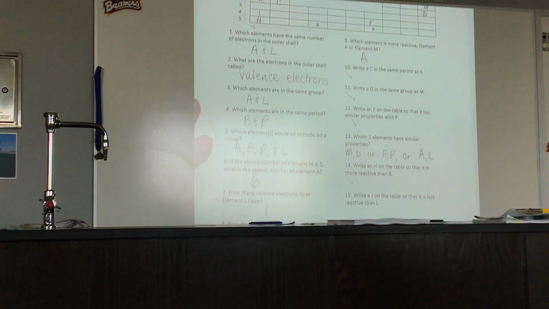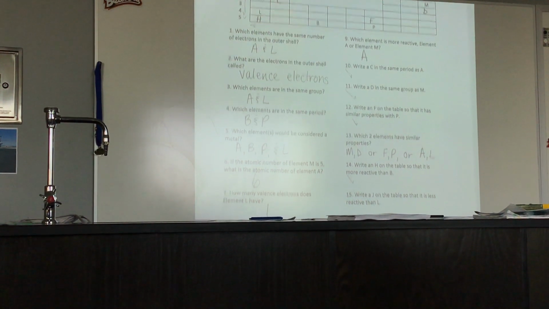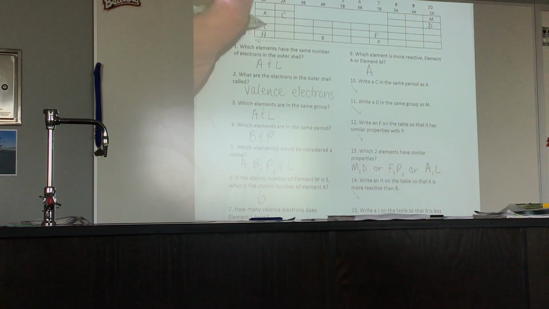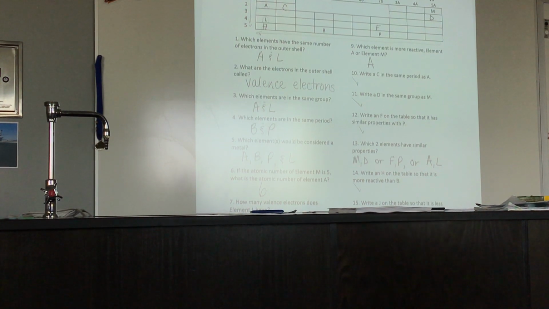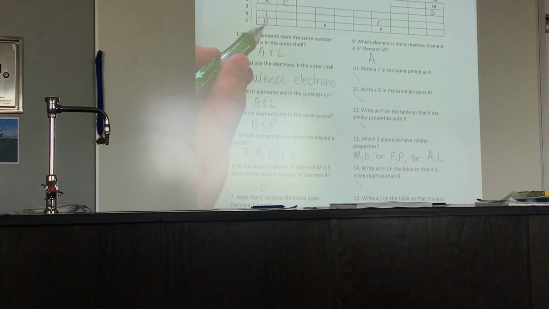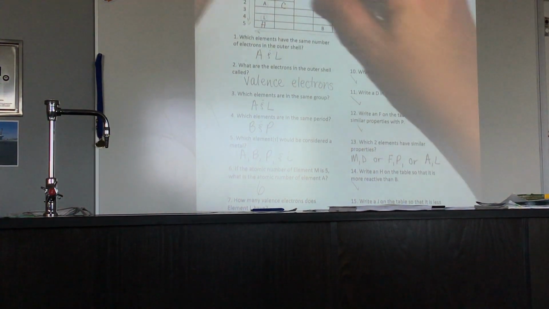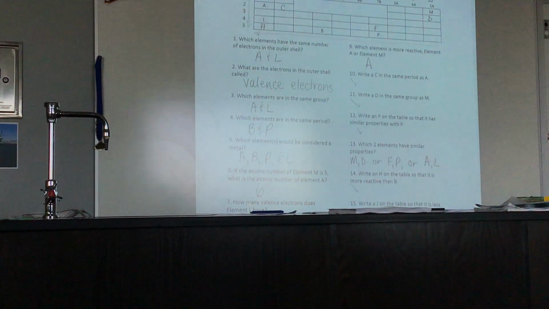Finally, we are going to write a J on the table so that it is less reactive than L. So here's L. There's really only one spot I can't put it, and I already put an H there, right? So I can put my J pretty much anywhere else on the table.